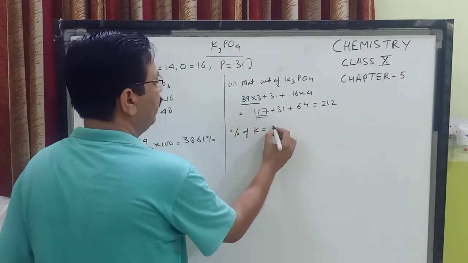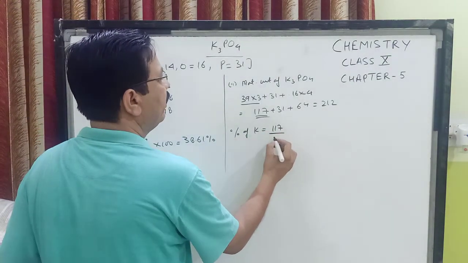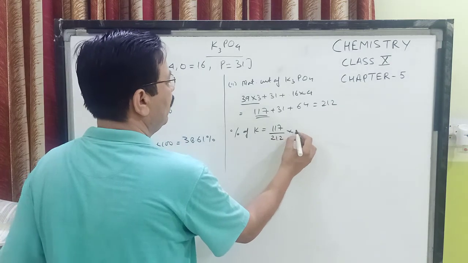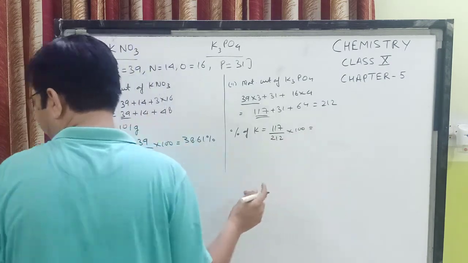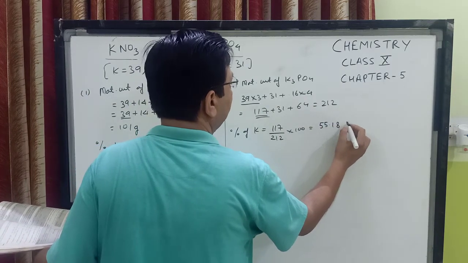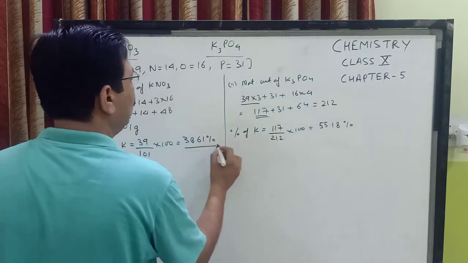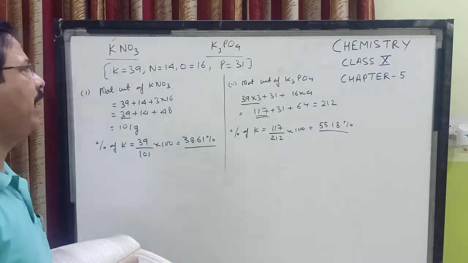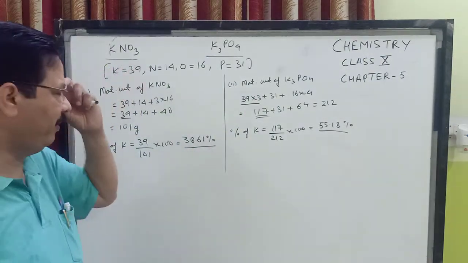The percentage of potassium will be 117 upon 212 into 100, and this value comes out to be 55.18%.